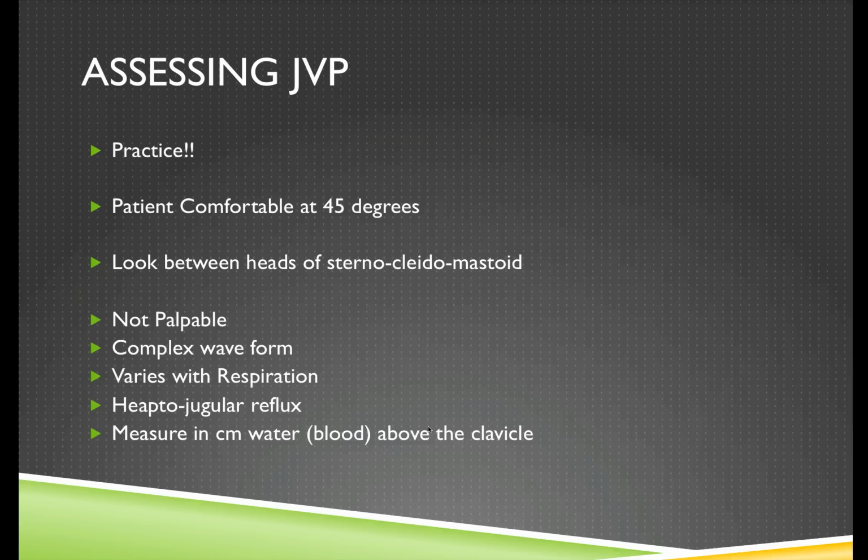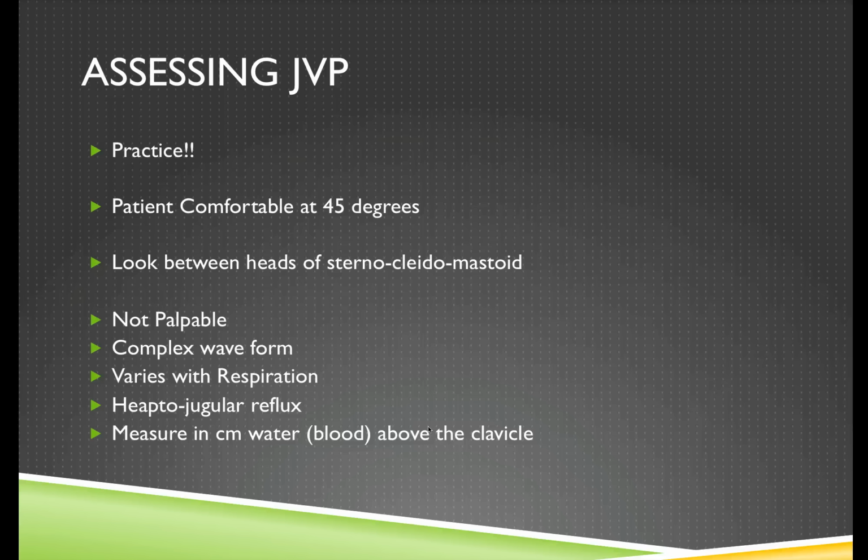Assessing the jugular venous pulsation is one of the most important clinical tools you'll ever develop, and it's very important to practice. We like the patient to be lying comfortable at 45 degrees, and the best place to look is between the heads of the sternocleidomastoid. There are several features of the JVP worth memorising. It's not palpable, remember it's a low pressure system.